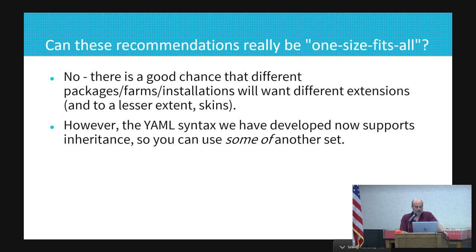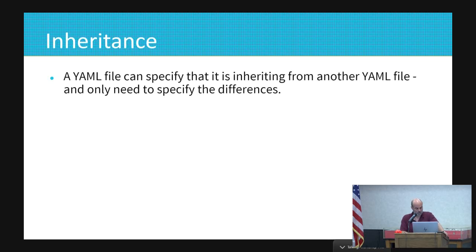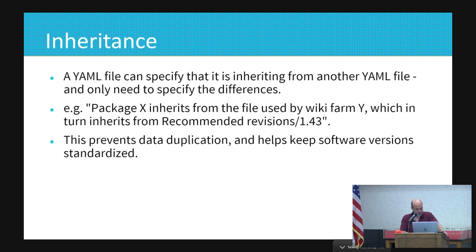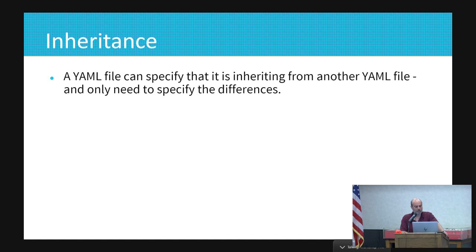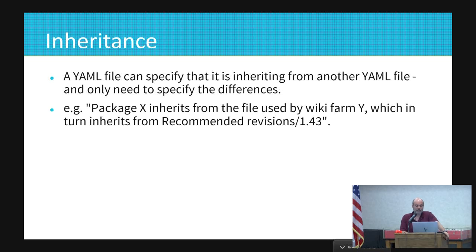The YAML syntax supports inheritance, so you can use some of another set. You'll be hearing more about this in Jeffrey's talk, but you can just basically specify that you're inheriting from another YAML file. So let's say there's some wiki farm that uses recommended revisions but adds 2 extensions to it. Then you have a package and you want yours to look like that wiki farm.